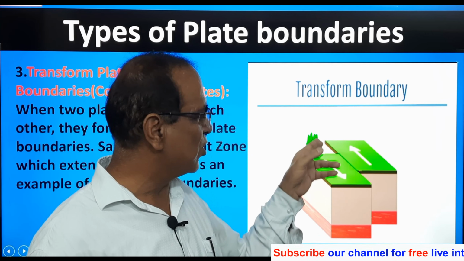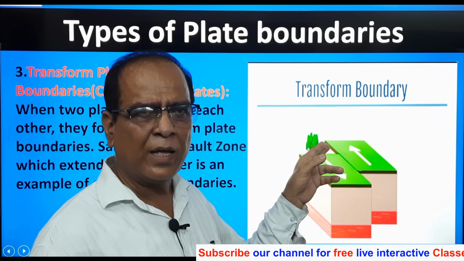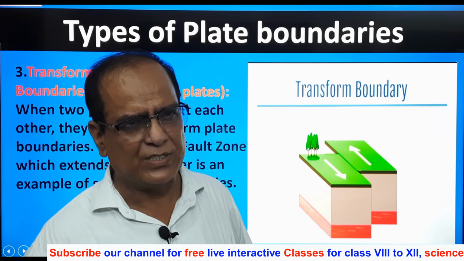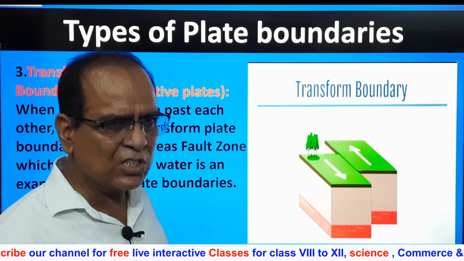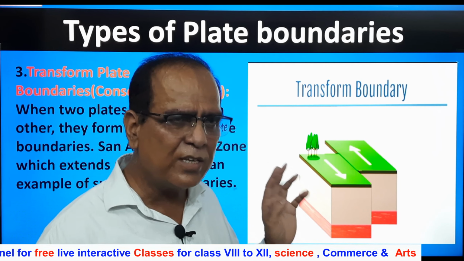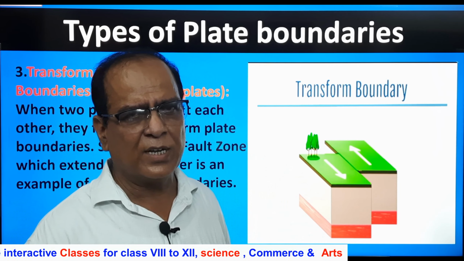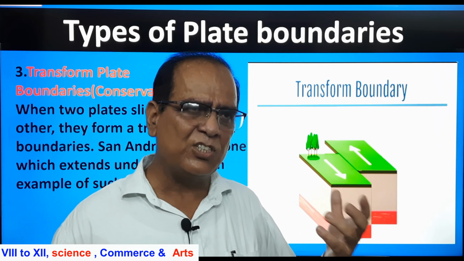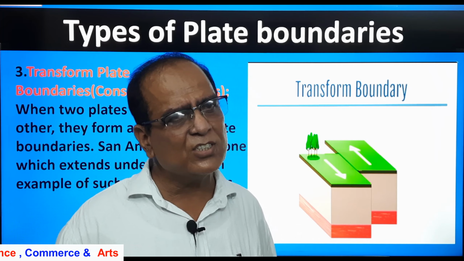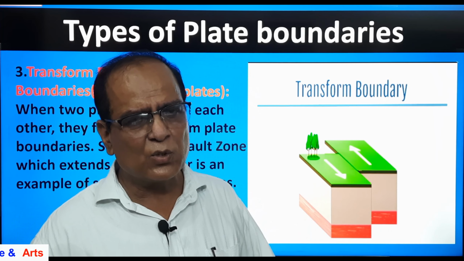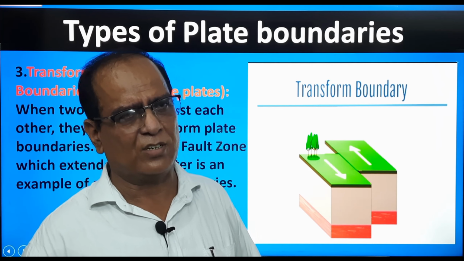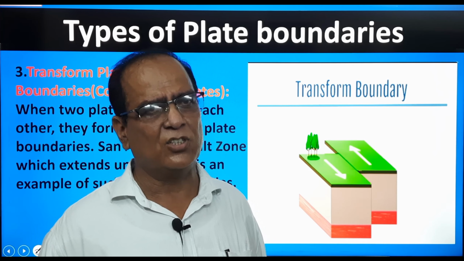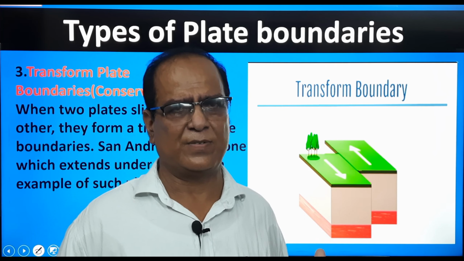So here you are finding a big gap, and in this case a rift valley-like structure could be created. Obviously, one thing to be quoted very prominently here is that in this case neither is crust created nor is crust destroyed. So there is the conservation of plate. That is why it is usually called a conservative plate.